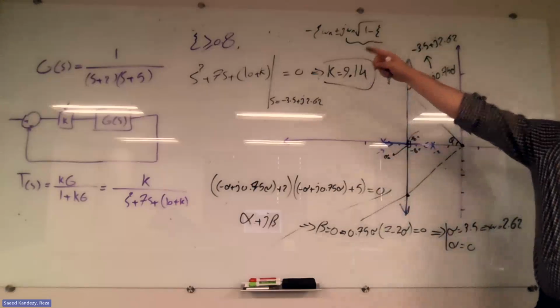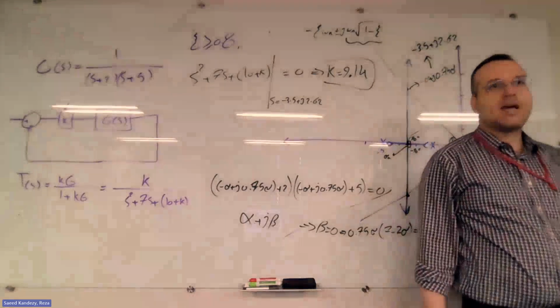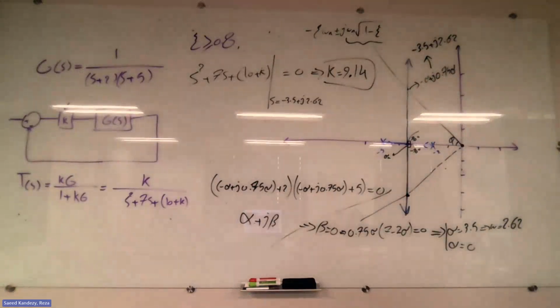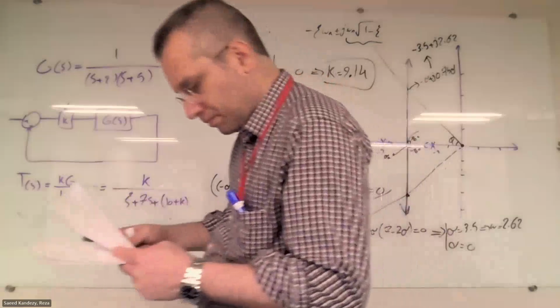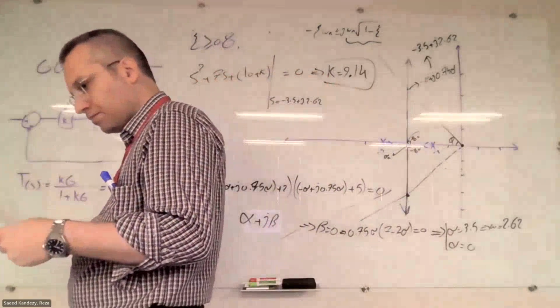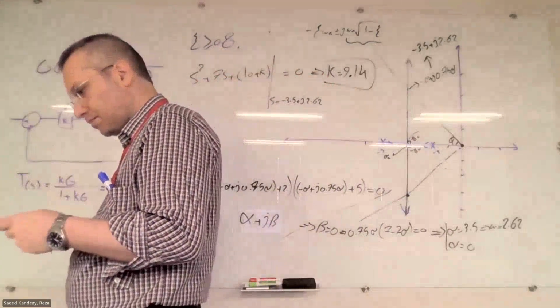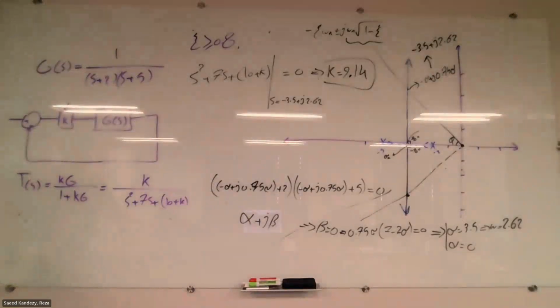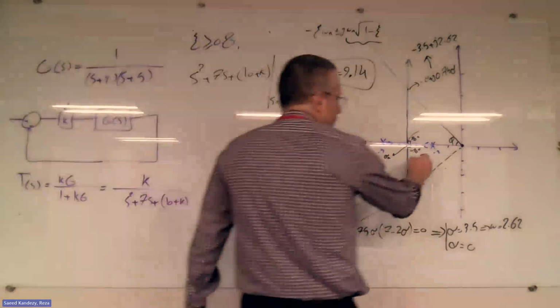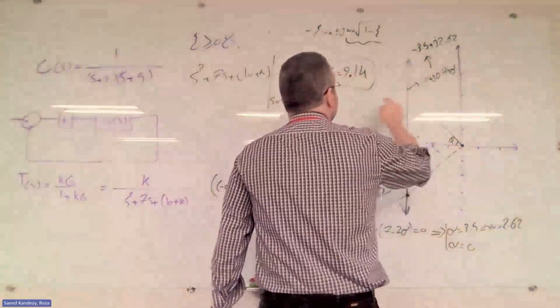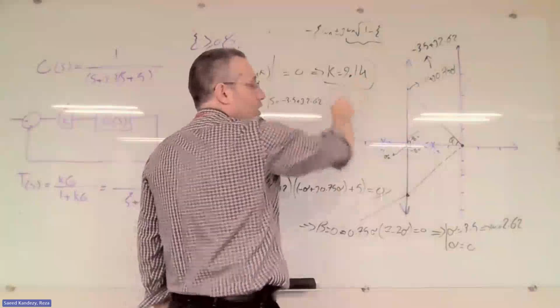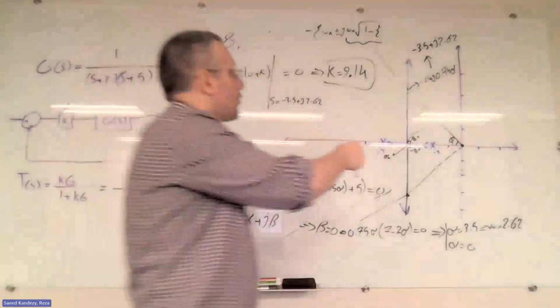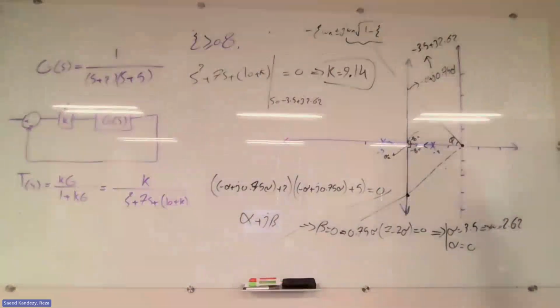Now, I don't want it equal to 0.8. I want less than or equal to 0.8. When would that happen? For K from 0 to 9.14, do I have such a condition, or from 9.14 to infinity?